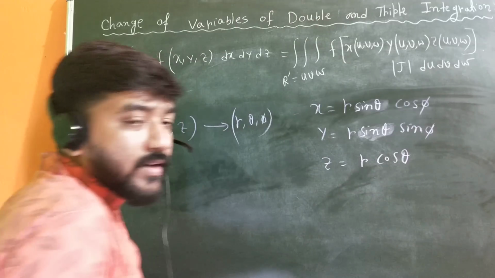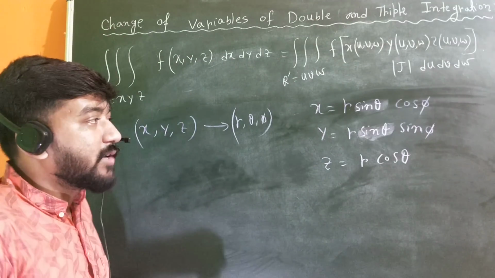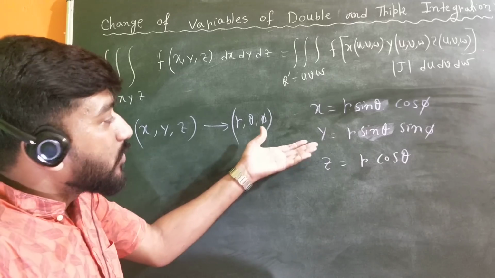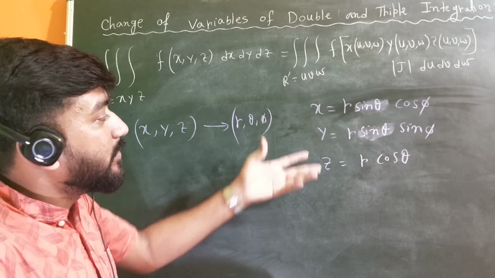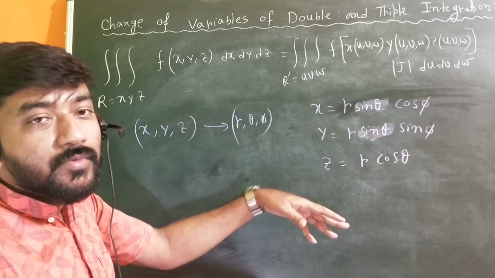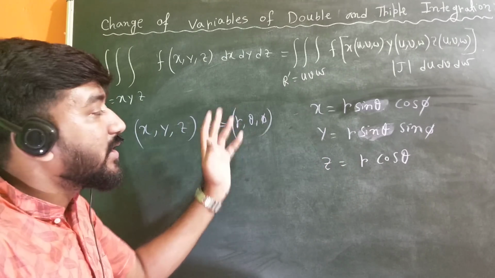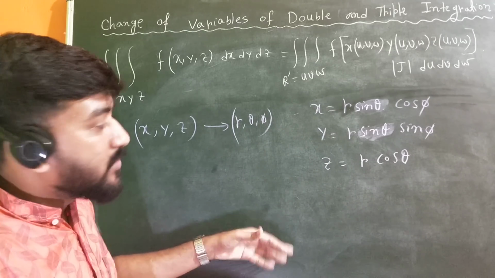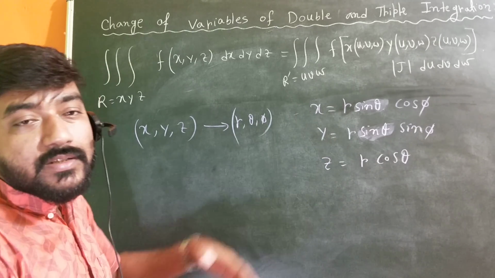When I discuss coordinate systems in classical mechanics, I will tell you how these conversion formulas are obtained, but I have told here and there a little bit about these conversion formulas from Cartesian to polar, from Cartesian to cylindrical, from Cartesian to spherical polar. If you see all the videos step by step, you will get these kinds of things here and there.